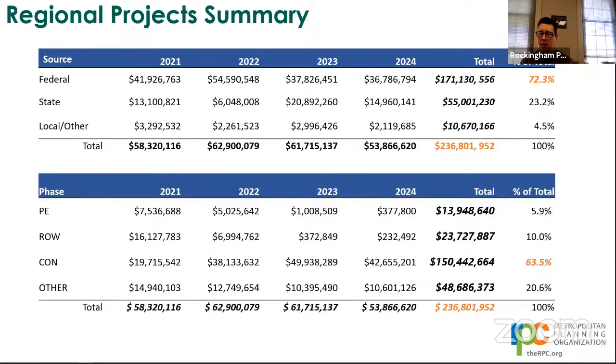So when we look at the funding and break it down, about 72% of our funding is federal funding. And on the state side, that equates to about 23%, and that is largely on the turnpike side. The state funds and matches the federal funding on the federally funded projects with toll credits, which are basically, I always struggle to define this.